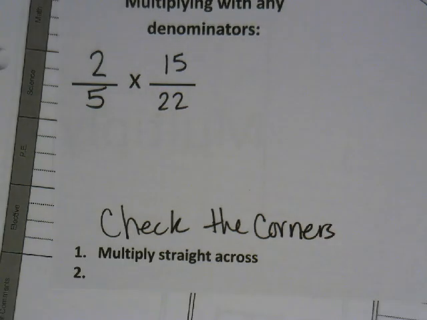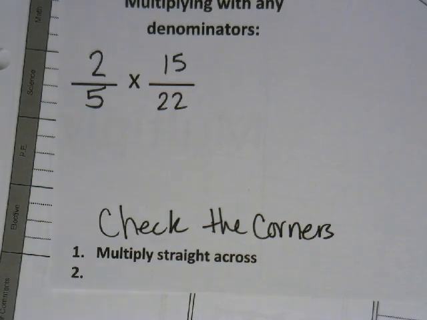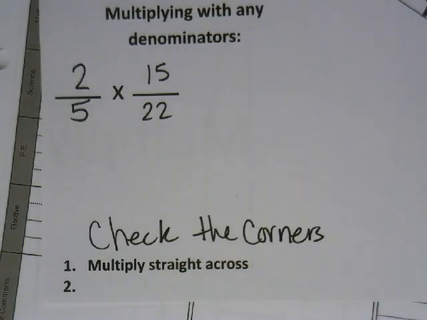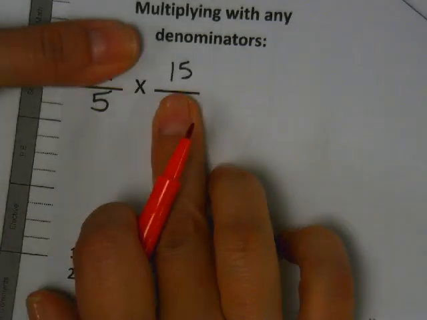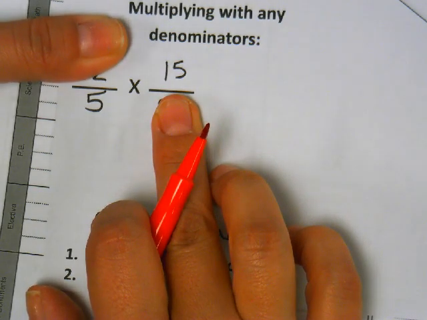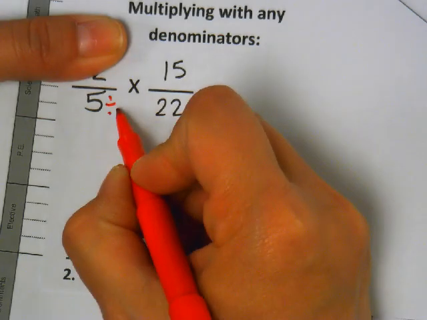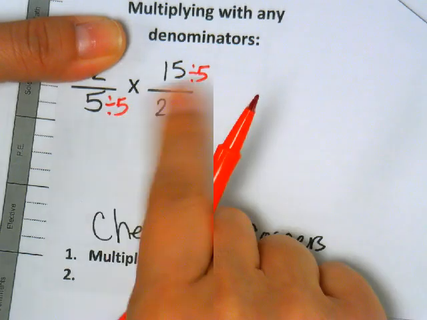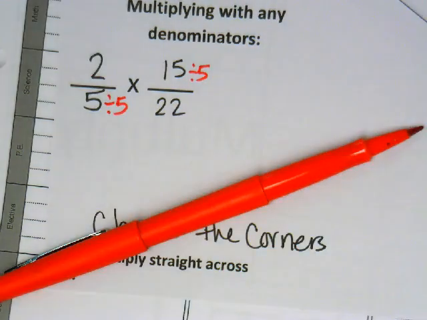You're starting to get into this. Okay, so let's check the corners. 5 and 15. What can I divide 5 and 15 by? 5. I can put a 3 right there. So everybody put a little 5 right there, a little division.